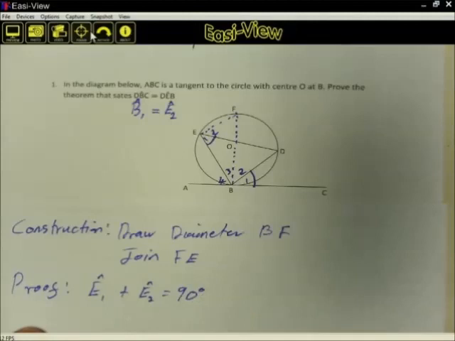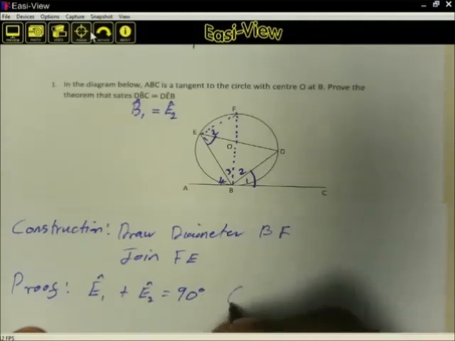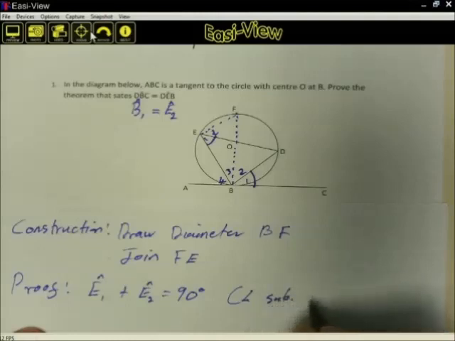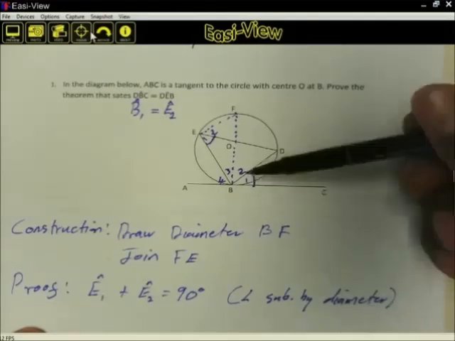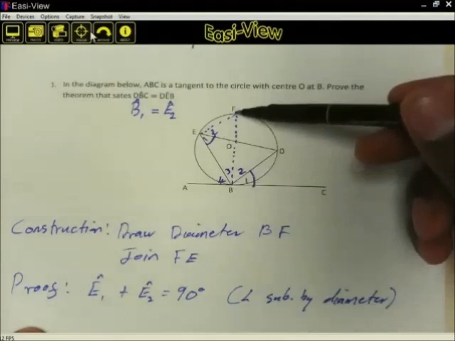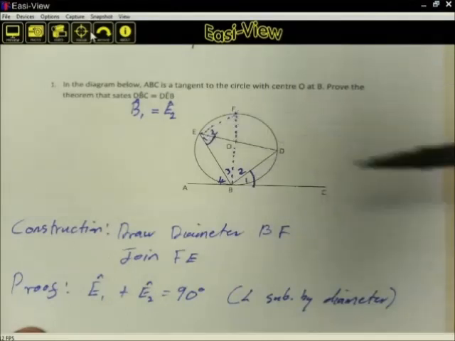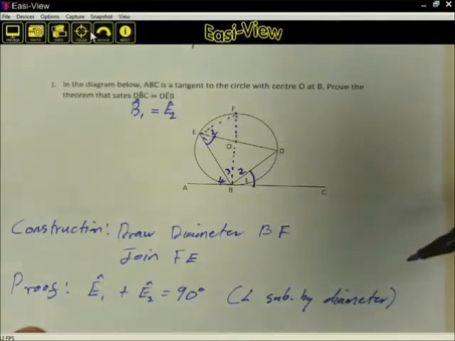The reason for that statement is that it's an angle subtended by a diameter, because we have drawn BF as a diameter. So BF subtends angle E, which is E1 and E2.